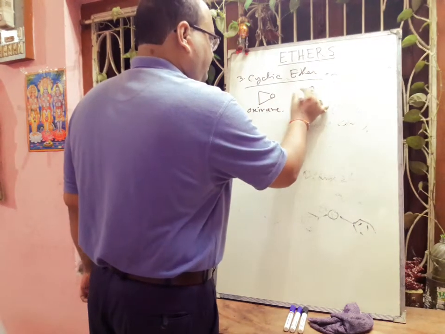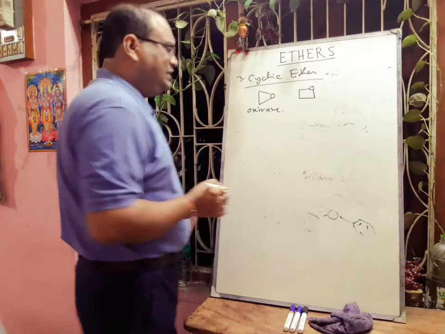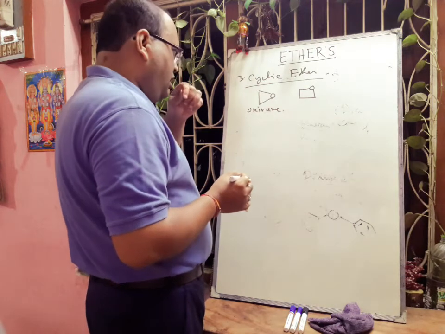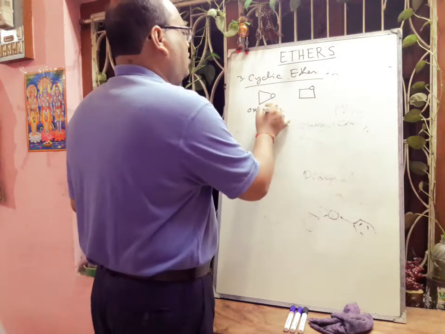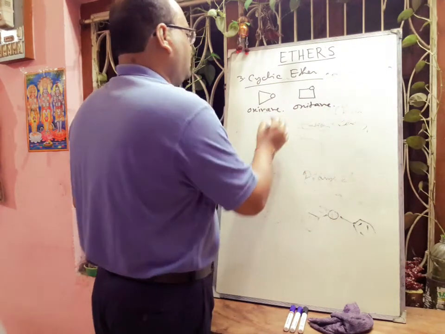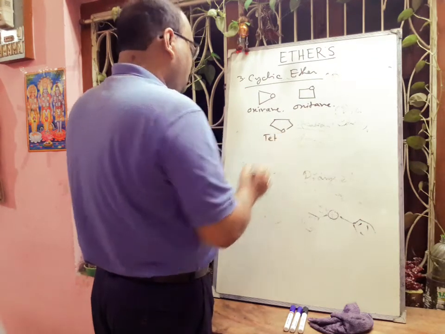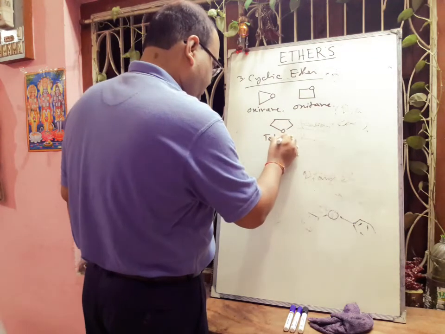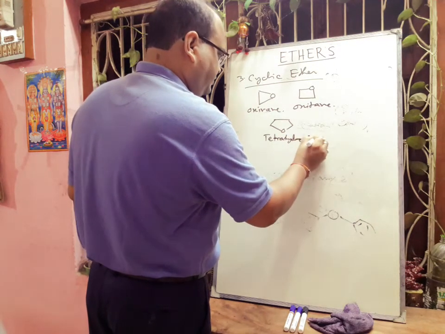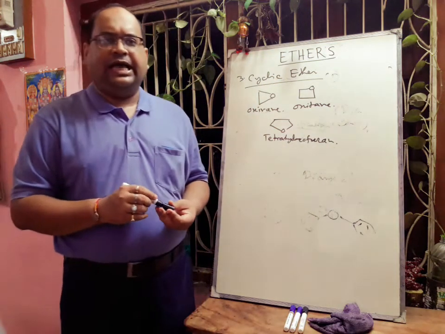If we draw this one, this is called 1,3-epoxypropane, and this is called oxetane, and this one is called tetrahydrofuran. So these are the examples of cyclic ether.